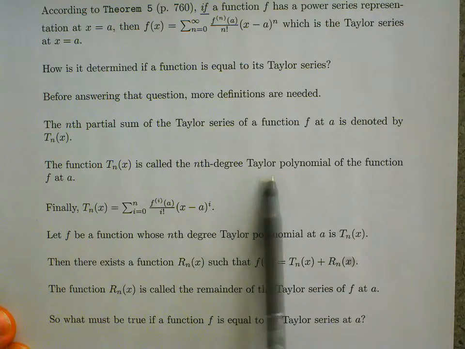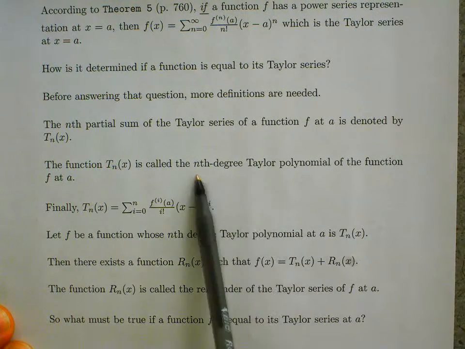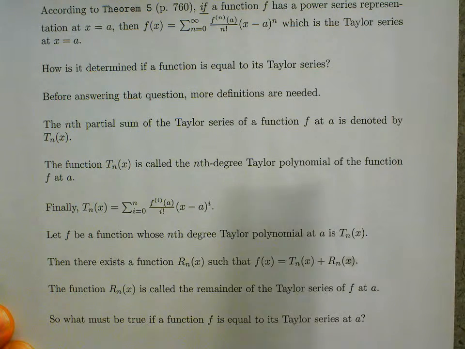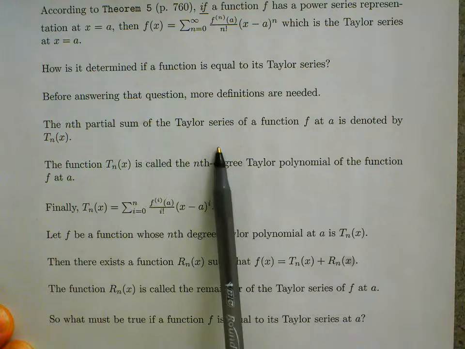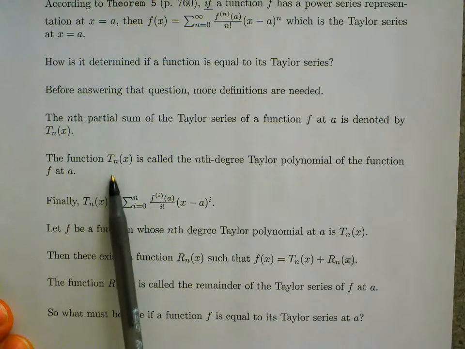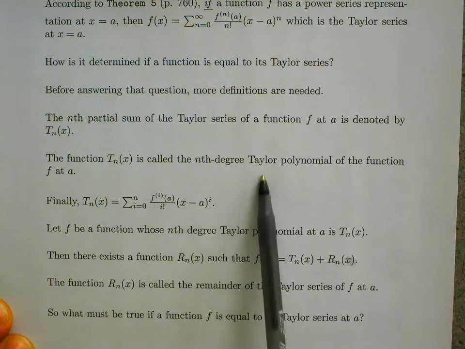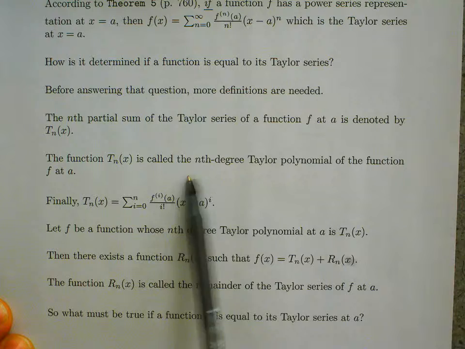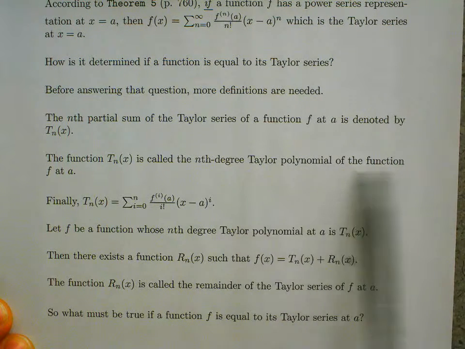But we're going to use capital T sub n of x to represent the nth degree Taylor polynomial of f at a. So that's what it is. The nth partial sum of the Taylor series of f at a is just a degree n polynomial, but in particular, it's called the nth degree Taylor polynomial of the function f at a.